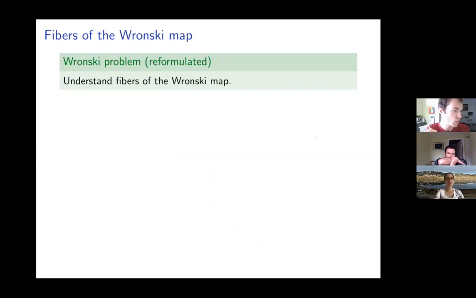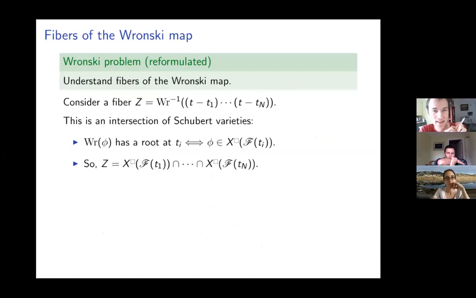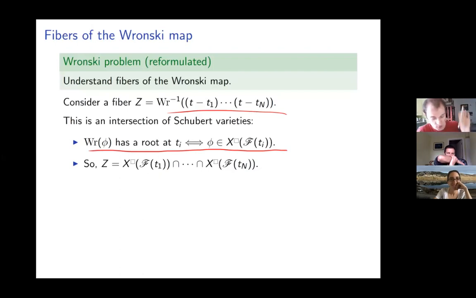So now here's where Schubert calculus comes in. And this is just very cool. Let's say that we fix our Wronskian and we look at the fiber over it. I claim that that's an intersection of Schubert varieties. It comes down to this fact, which I'm not going to prove, but it's a pretty nice algebraic calculation. The Wronskian having a root at a specific t value is equivalent to phi being inside the corresponding Schubert variety.